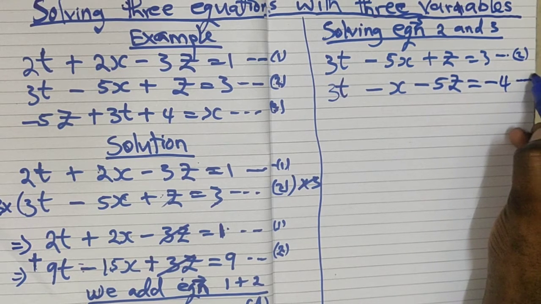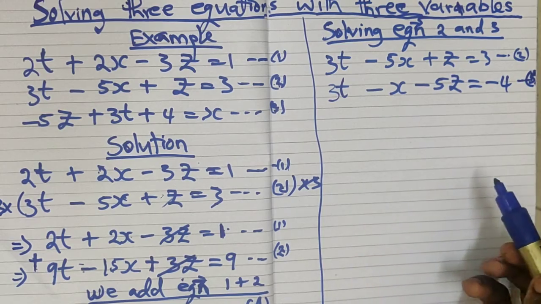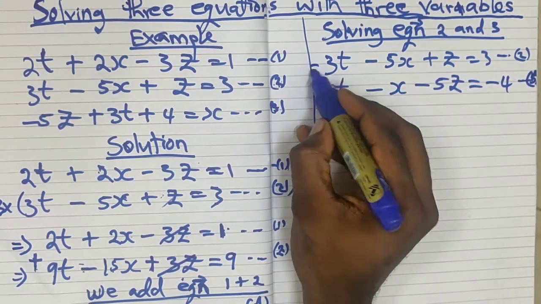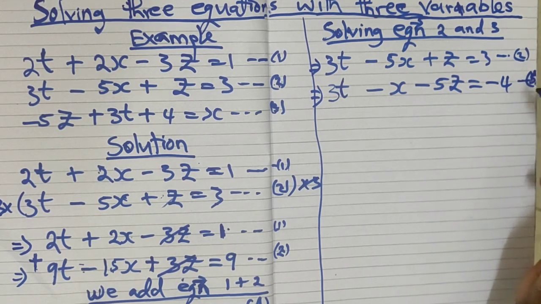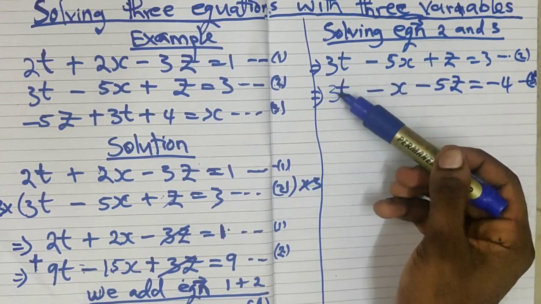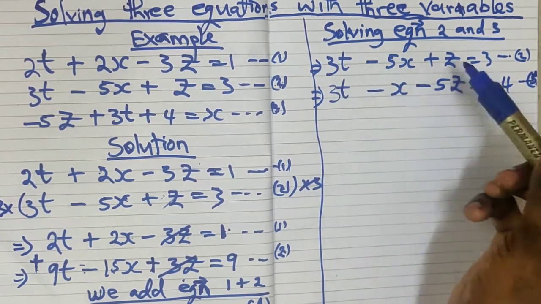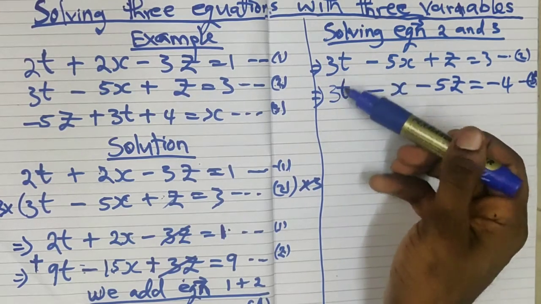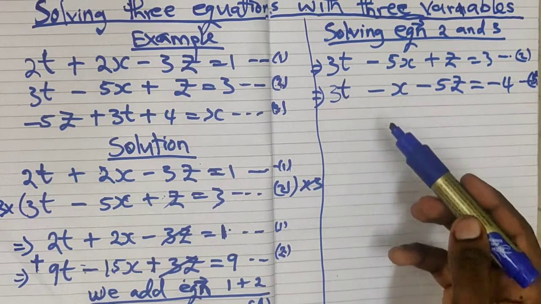So this is our equation 3. So this is our new equation. This is our equation 2 and this is our equation 3. As you can see now, it is vertical, just the same as it is straight with the other variables. This is 3t, this is x, this is z. So we are going to do the same here.